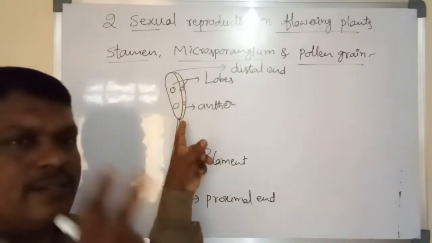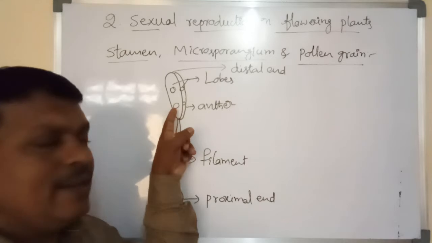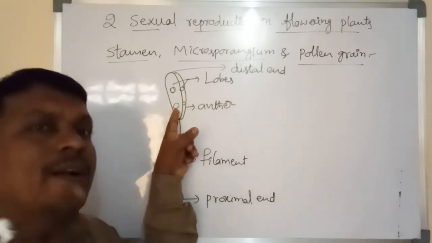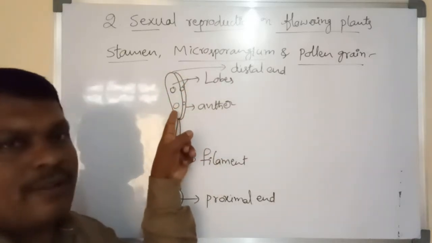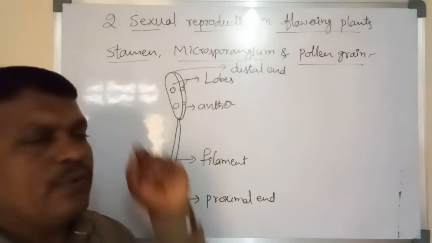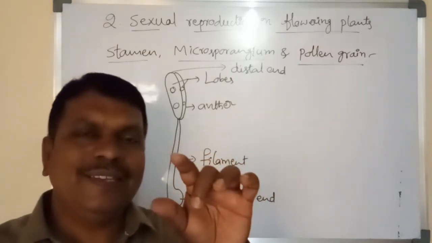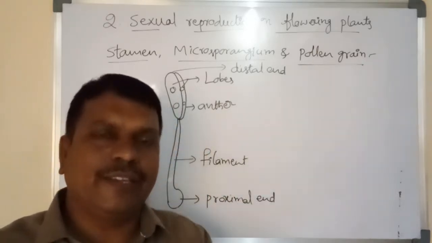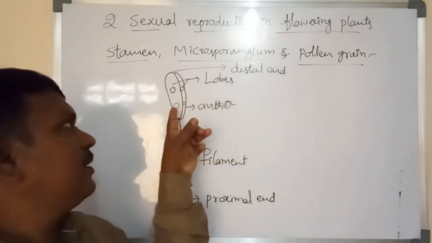Each anther has two lobes, hence it is called bilobed. And each lobe contains two theca, that is called dithecous. But the total anther is tetrathecous, because four are there: 1, 2, 3, 4. Hence, don't confuse here. Each lobe is dithecous, but the total anther is tetrathecous. Understood now?